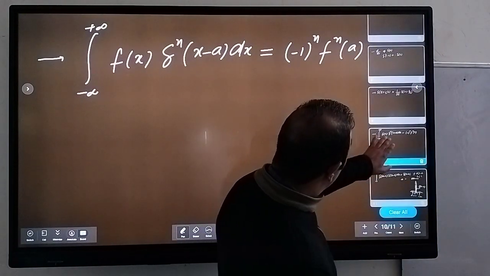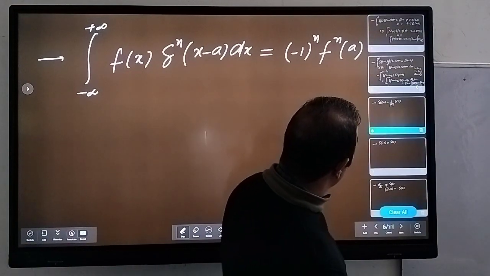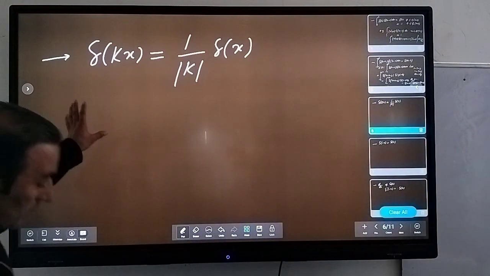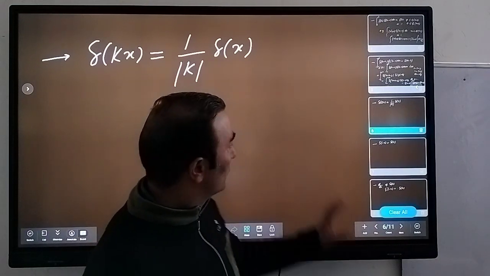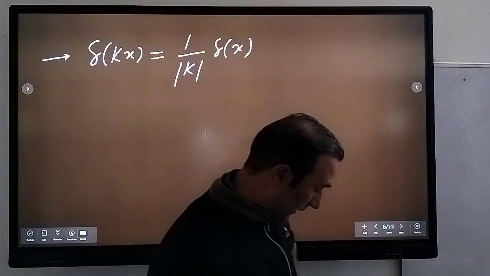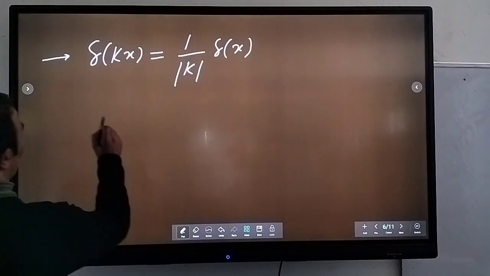Okay. So now another property is that if you consider delta of kx, where k is some positive value, that's equal to 1 by mod of k delta of x. So first let's write it.